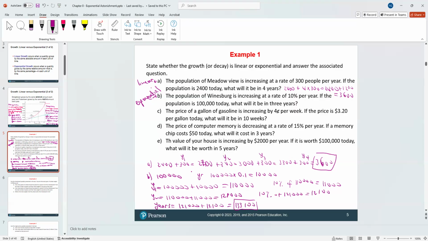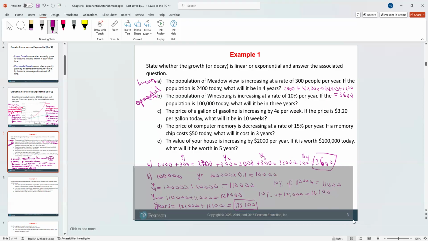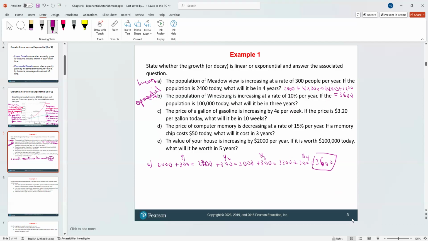I'm going to erase all of this just to show you. If you want to pause the video, feel free, but I'm going to show you a better way to do it by using formulas.